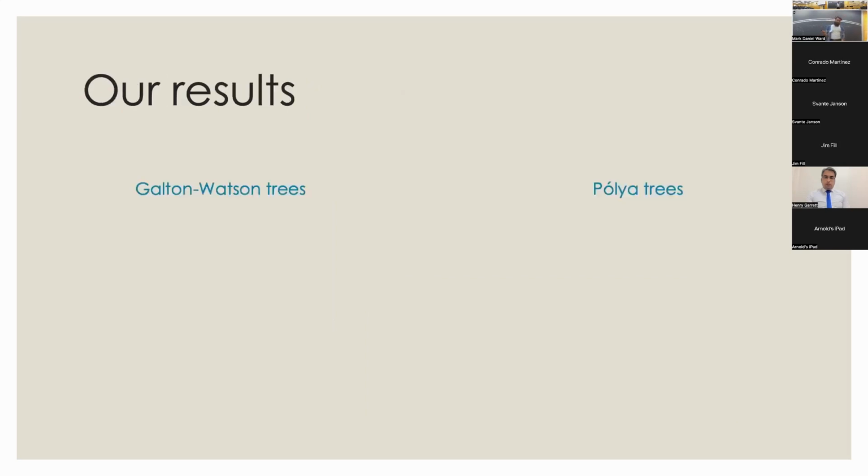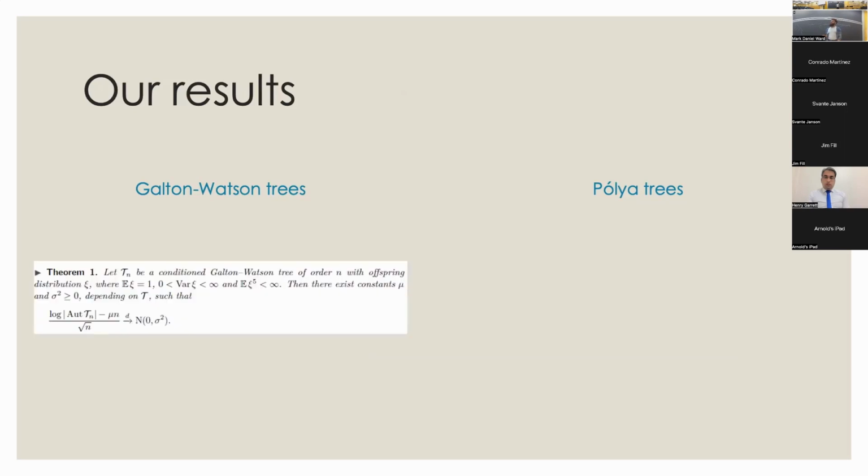So then what are our results? We extend the results from just the special cases mentioned on the last slide to Galton-Watson trees under fairly general assumptions. So we have conditioned Galton-Watson trees with some offspring distribution which is critical, and then we have a somewhat weird, artificial condition on the fifth moment, which is just a consequence of the theorem we apply here.